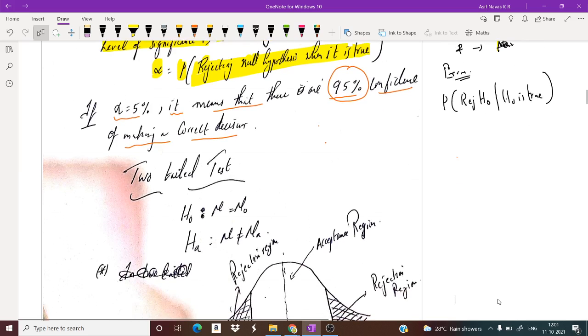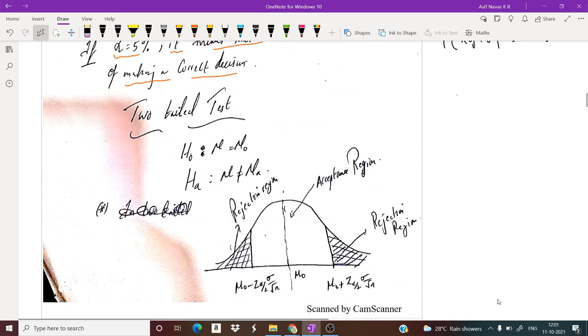In a two-tailed test, we have to test whether H naught: mu equal to mu naught, that is, the population mean mu is equal to mu naught. Then in a two-tailed test, we have the alternative hypothesis mu not equal to mu naught.